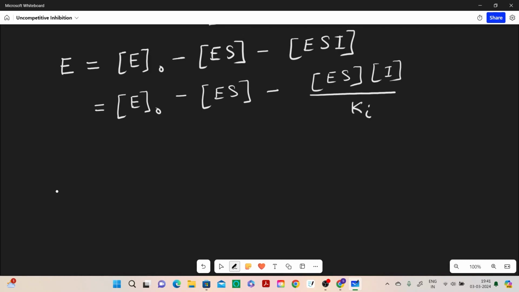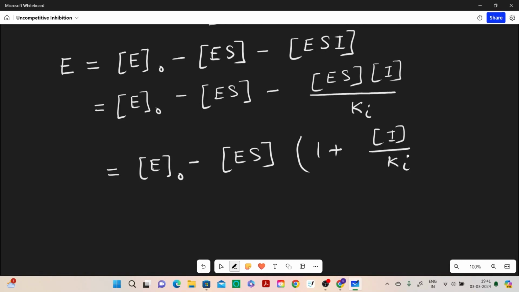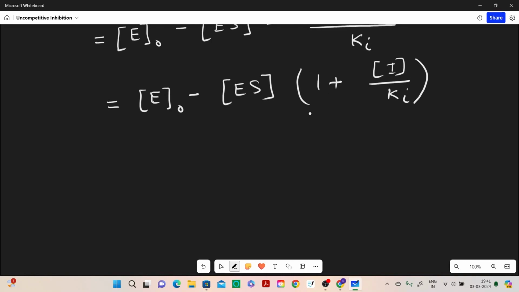So we can write this down as equal to E naught minus ES times (1 plus I by KI). So I will take the liberty of writing this part of the equation down as alpha. So we can write this as E naught minus alpha into ES.